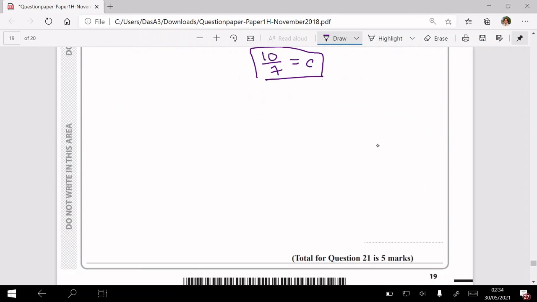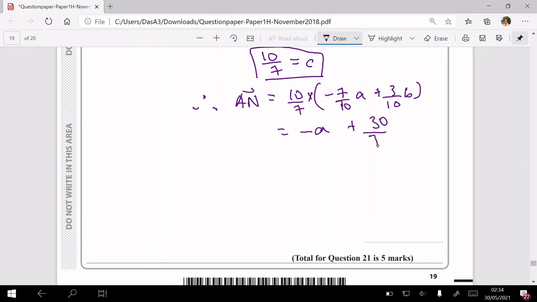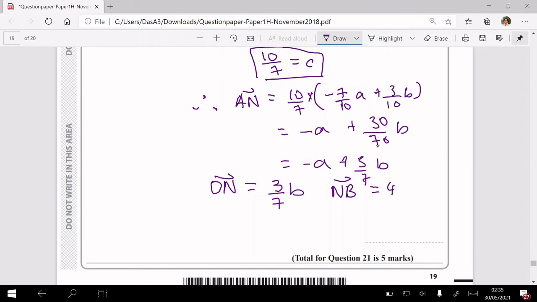Therefore, as a final working, AN is equal to 10 over 7 times (minus 7 over 10 A plus 3 over 10 B), which is equal to minus A plus 30 over 70 B, which is minus A plus 3 over 7 B. Which means ON is equal to 3 over 7 B and NB is equal to 4 over 7 B. So ON to NB is 3 over 7 to 4 over 7, which is 3 to 4.